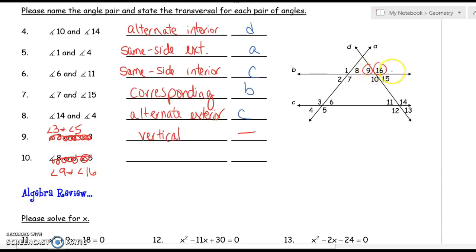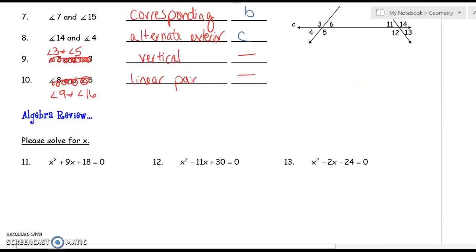They're right next to each other. They form a straight line. They're called a linear pair. We learned about that a while ago. And when you have a linear pair, there is no transversal. Be aware that when you do your homework, there will be some that are none. They might give you something like angle 1 and angle 13. 1 and 13, there isn't even a line that touches both of them. That's when you know there's no relationship at all. So just a heads up on that.